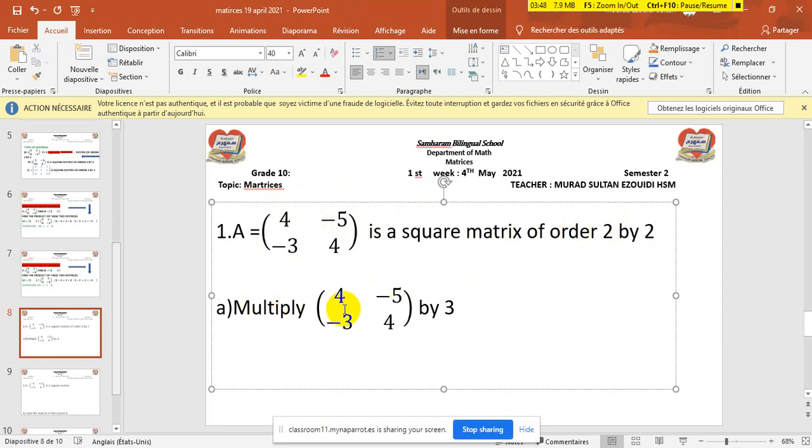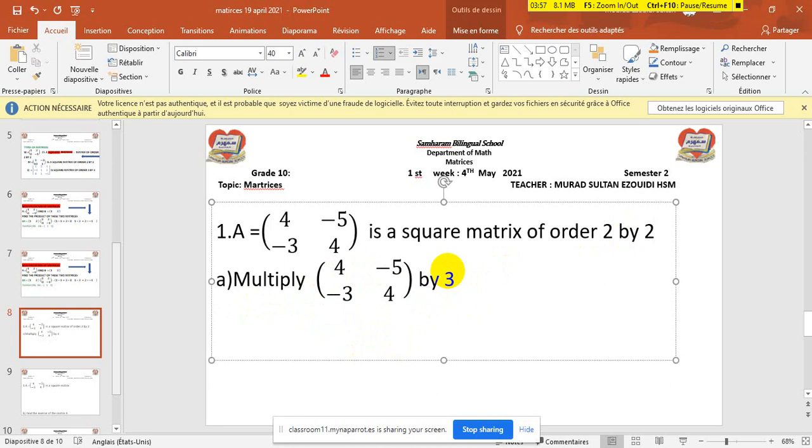Now we will try to multiply. The question is, multiply this matrix by 3. So the answer will be like that. I will give you time, my daughter, to try to do this. It's just multiplication.